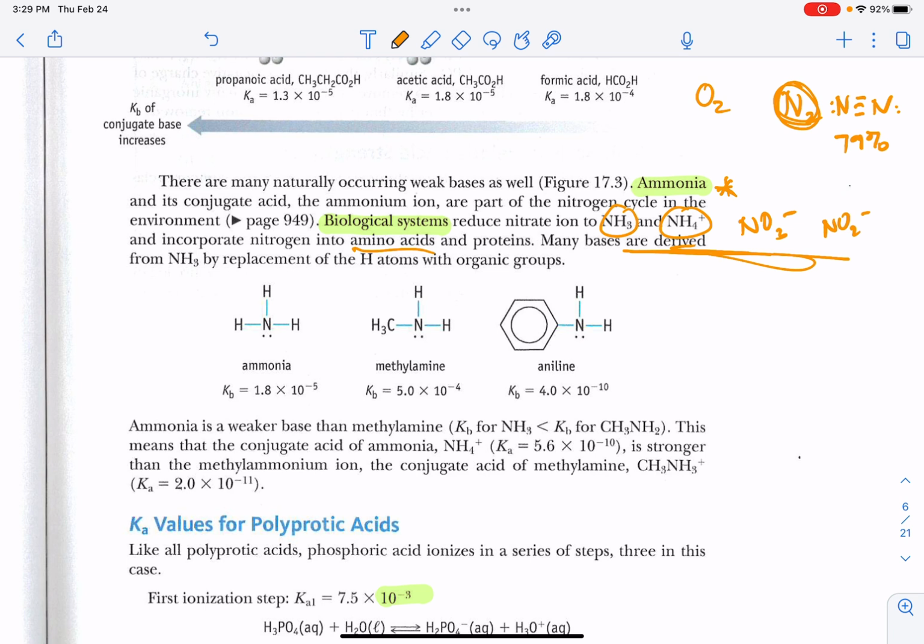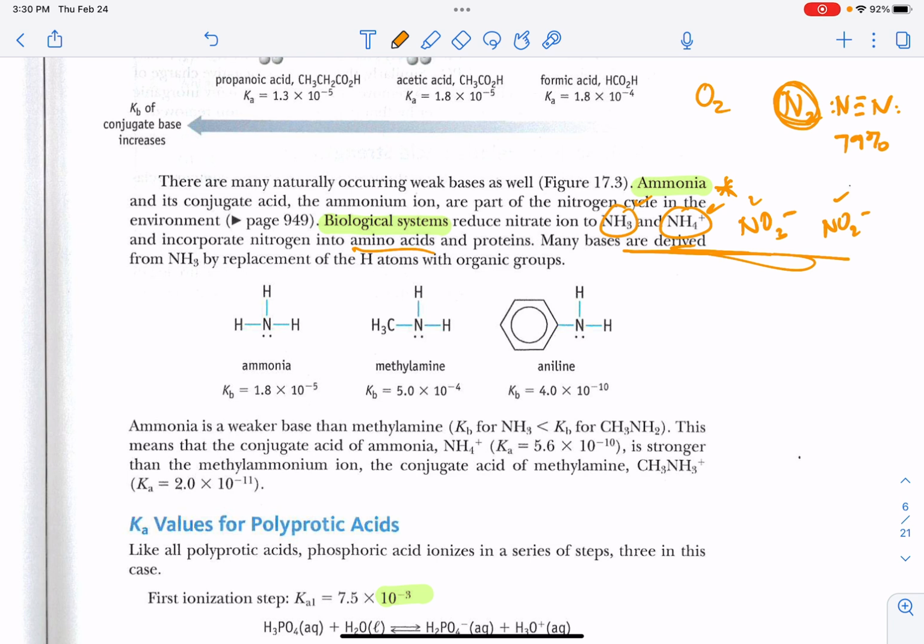And that's one of the things that you learn about in biology, is how the nitrogen gets incorporated, first of all, into the soil in nitrogen compounds. And oftentimes there are bacteria that play a role in that. And then once you get these ions like here, they can be absorbed into plants.